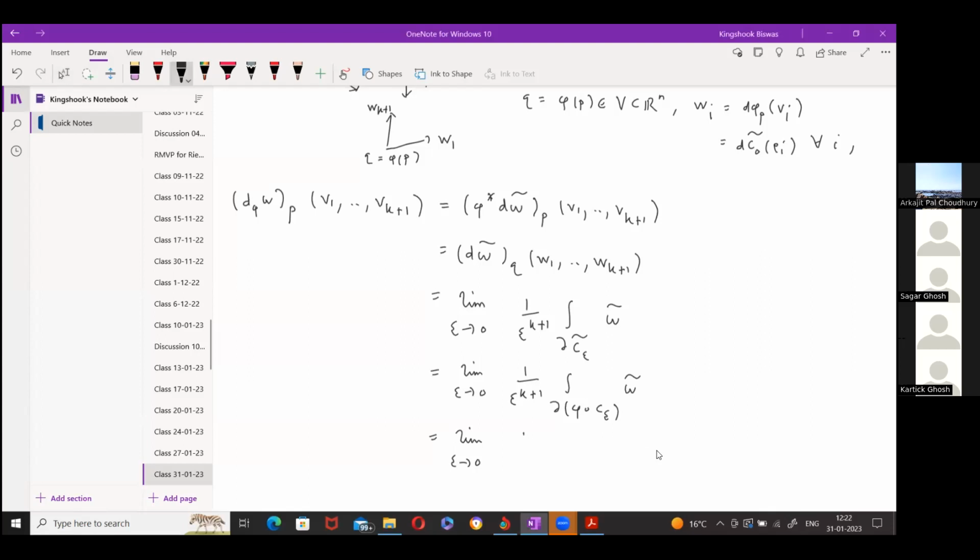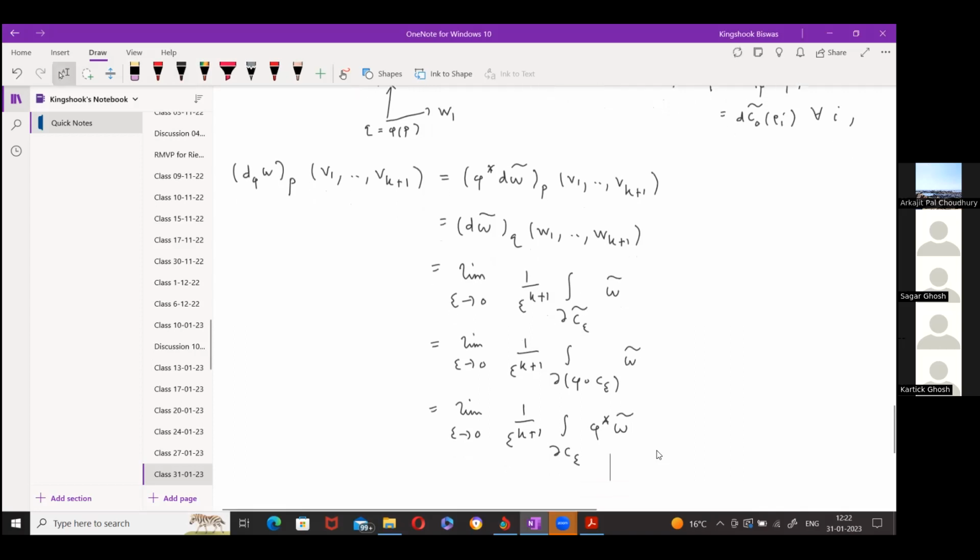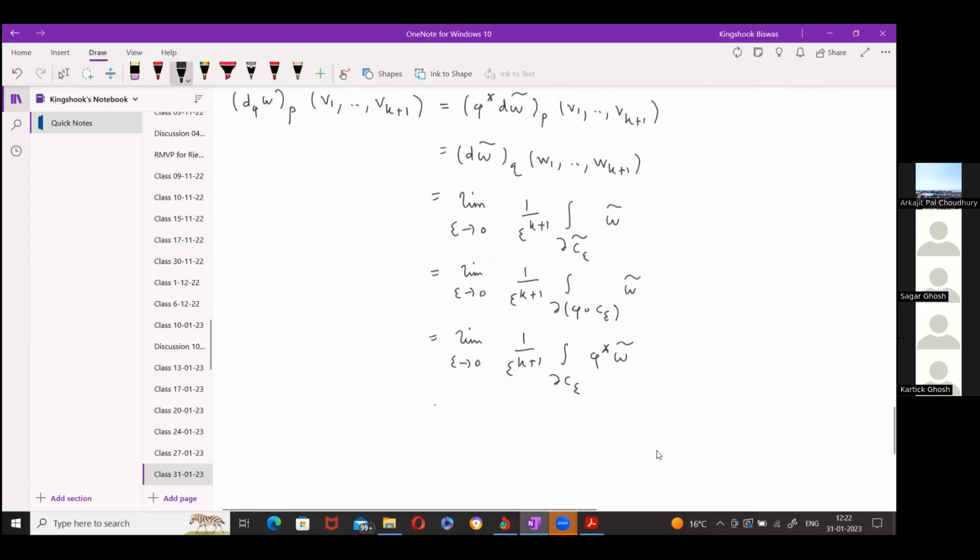So this will become 1 over epsilon to the k plus 1 times the integral over boundary of C epsilon of phi star omega tilde. And phi star omega tilde is exactly, by definition, omega. So this becomes the limit as epsilon tends to 0 of 1 over epsilon to the k plus 1 times the integral of omega over the boundary of C epsilon.